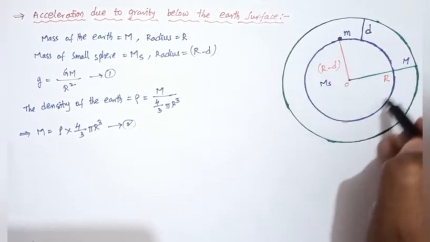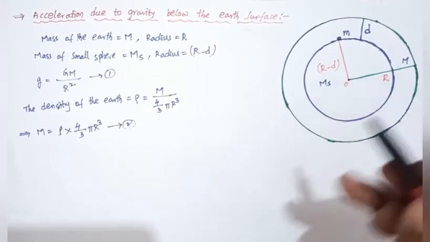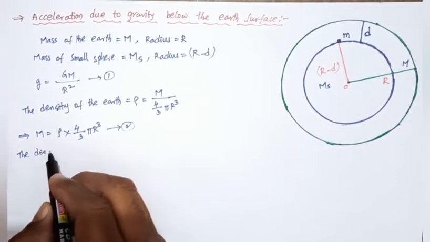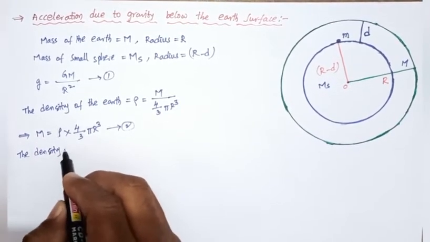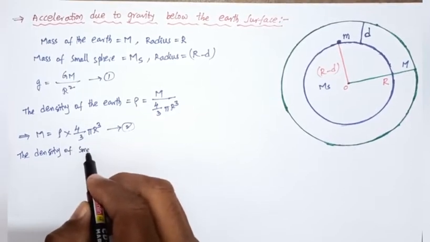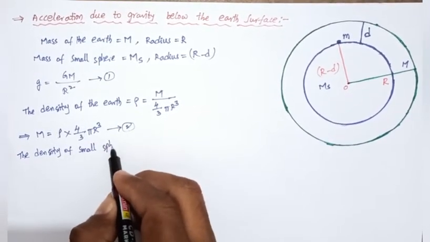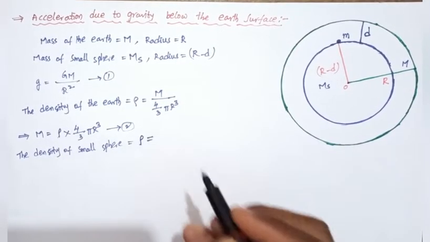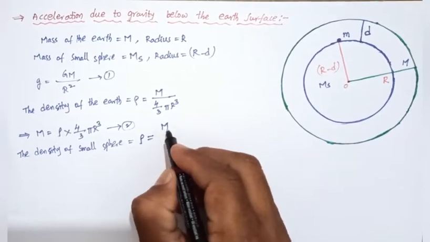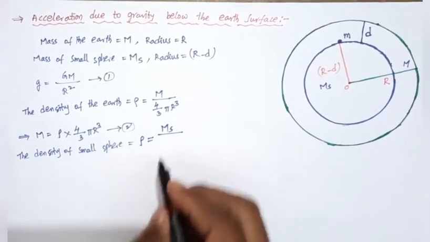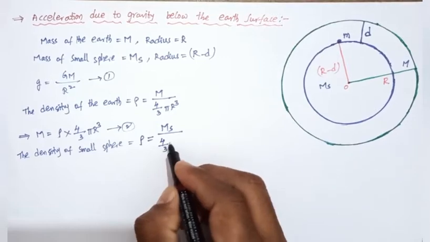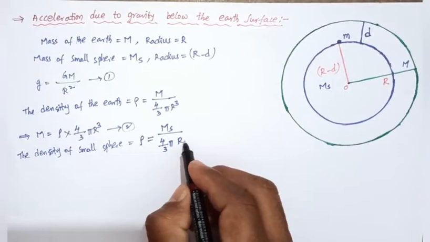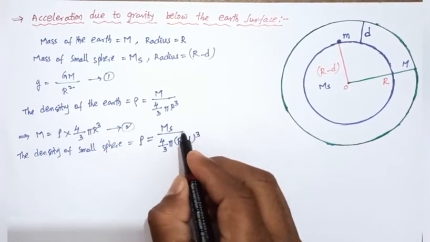Again, we consider the spherical cell, the small sphere. The density of the small sphere is also rho, equals mass of the small sphere by 4 by 3 pi, and the radius is (R minus d) whole cube.